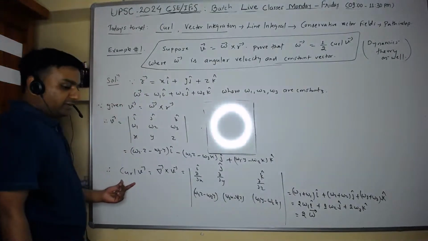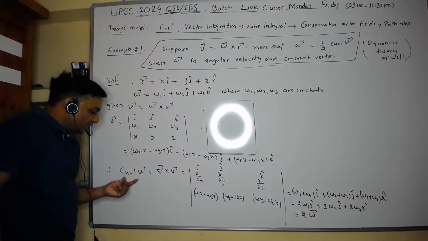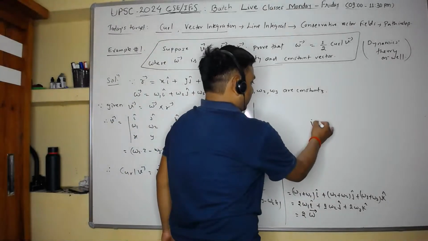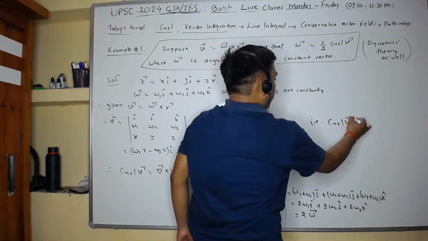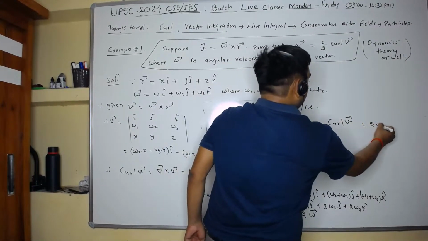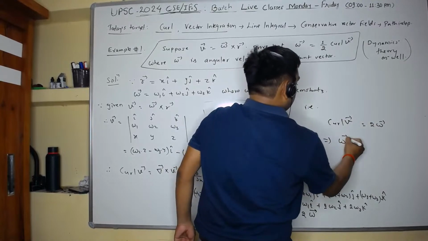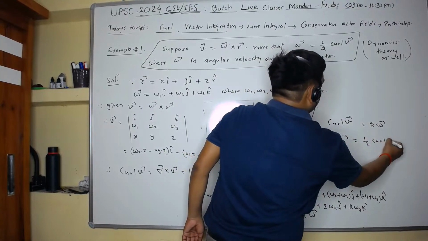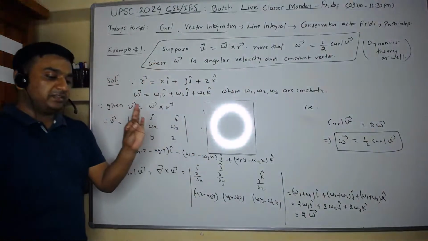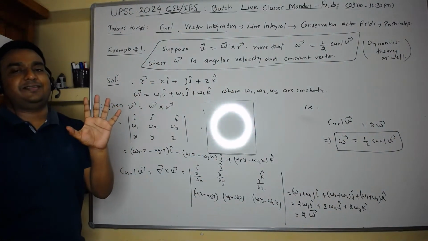Can you check it out? From where we started, curl of v vector, where we reached, curl of v vector we get as 2 omega vector. So omega vector we can write as half of curl of v vector. Please do remember that as a result as well.